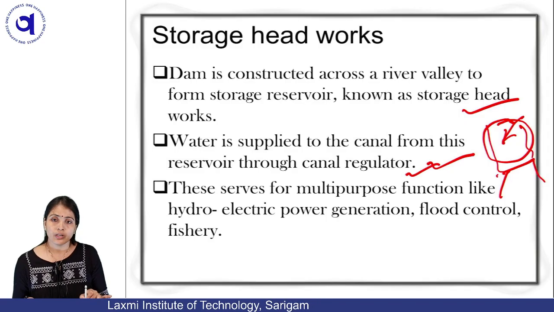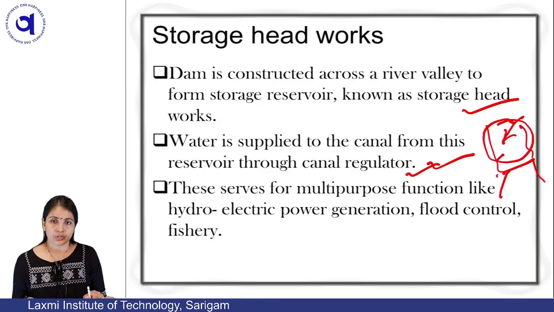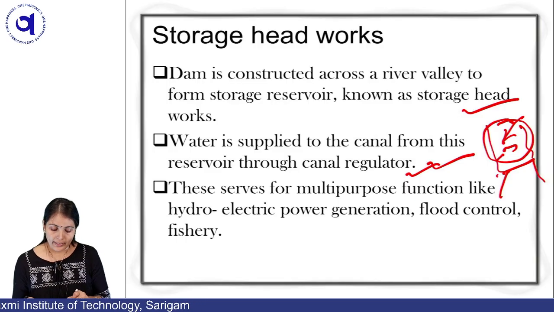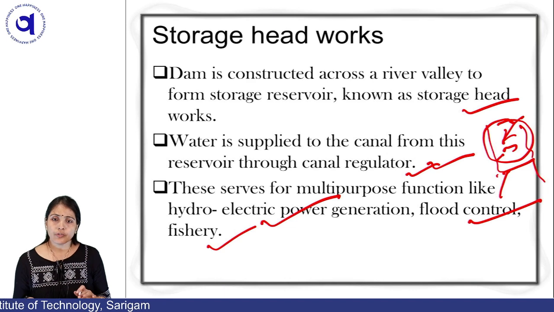So we have one more hydraulic structure, the canal regulator, from which we regulate this stored water to the canal. This serves multi-purpose functions like hydroelectric power generation, flood control and fisheries. So not only can we supply water to the canal, but also generate hydroelectric power.